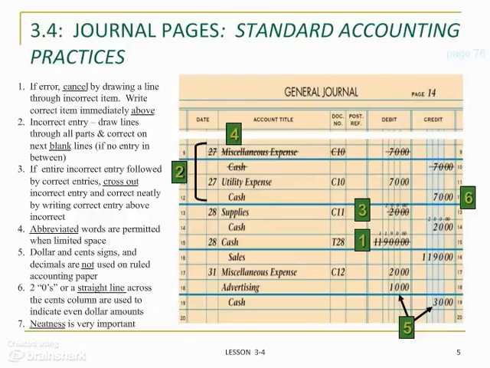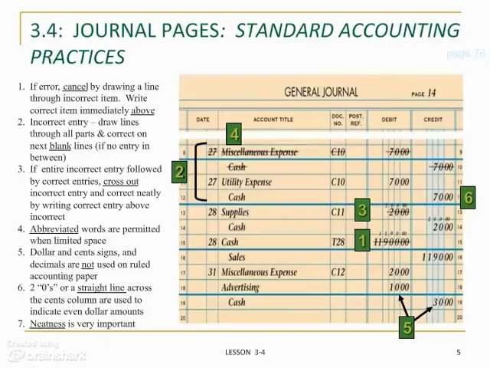The second type of error, if there's an incorrect entry, we draw lines through all the parts of the incorrect entry and put the correct entry on the next blank lines, assuming there is no entry in between.